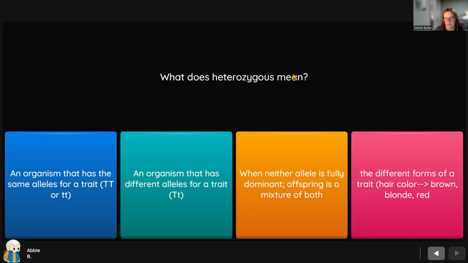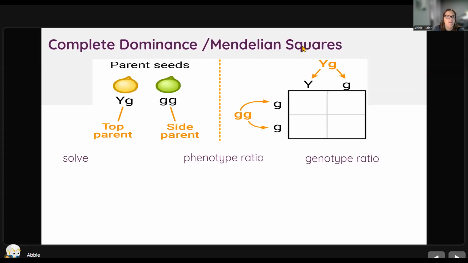Those are little t, little t. What does heterozygous mean? They have different alleles for their trait.